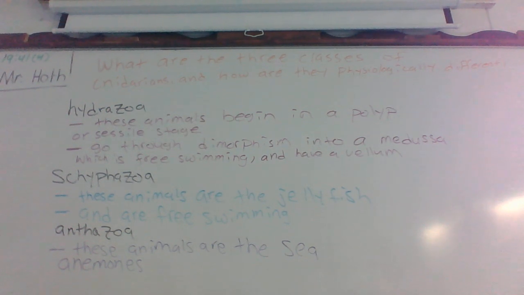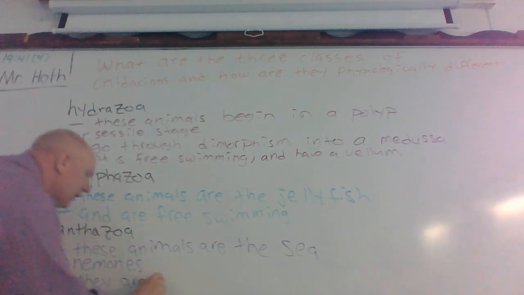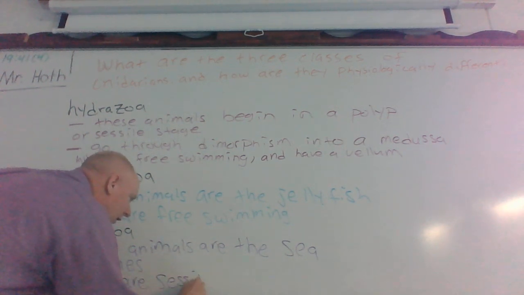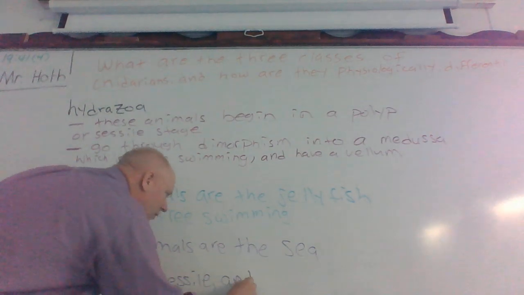But what's significant about those tentacles? Yeah, it's a crown. It's up on top. That's right. Okay? So these animals are the sea anemones. They are sessile and have a crown of tentacles.